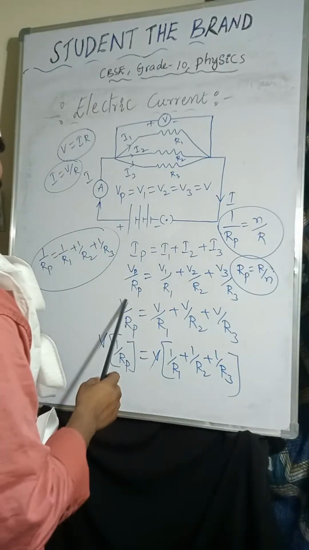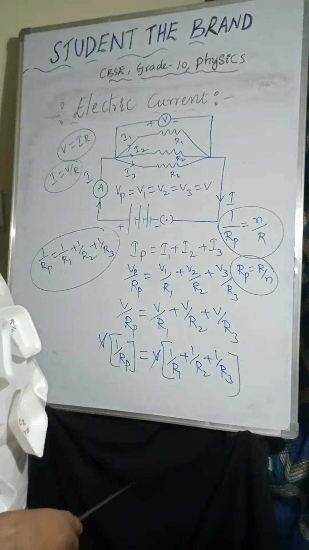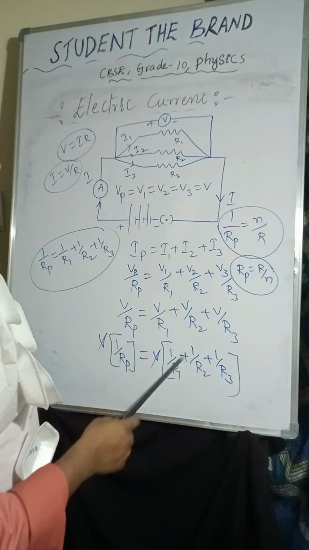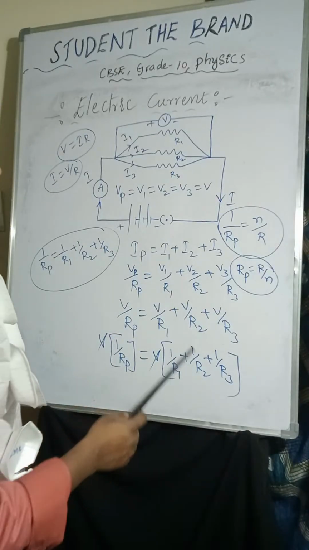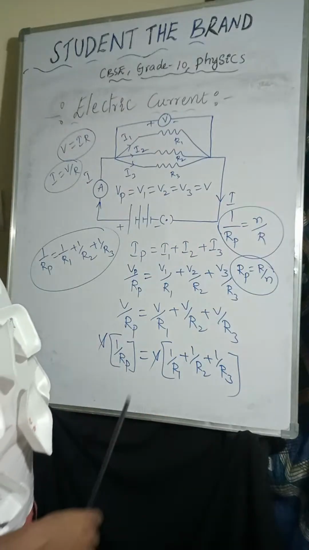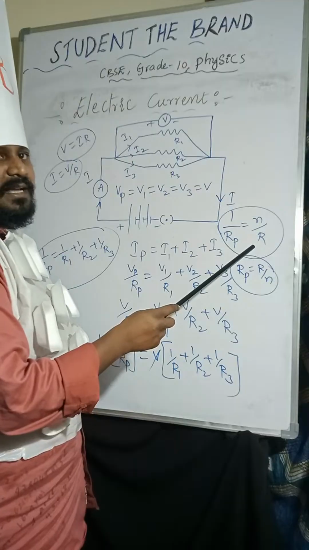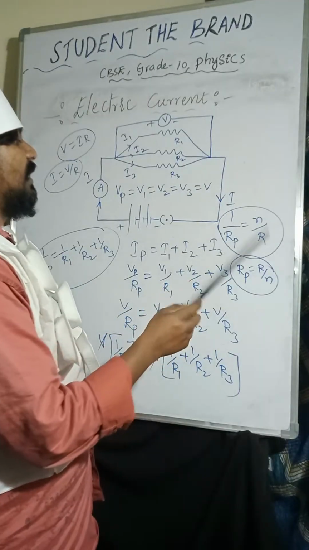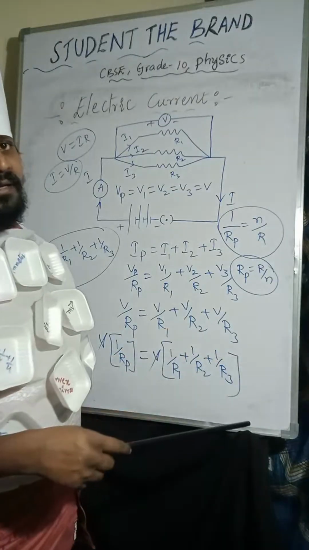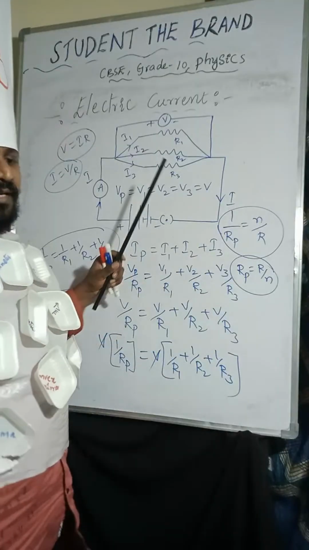So V by Rp equal to V by R1 plus V by R2 plus V by R3. Now taking V common, it gets cancelled. 1 by Rp equal to 1 by R1 plus 1 by R2 plus 1 by R3. If n number of resistors are connected in parallel combination, 1 by Rp equal to n by R, so Rp equal to R by n. I hope it is very clear.